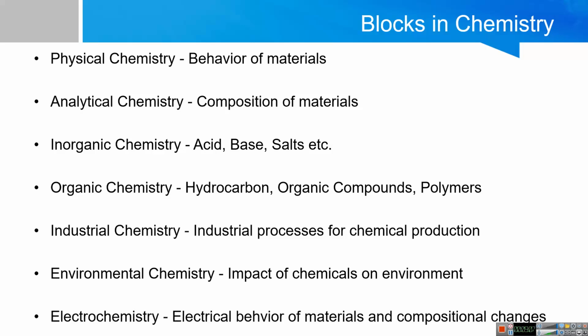Then we have environmental chemistry, which studies the impact of chemicals on the environment. And finally, we will study electrochemistry, in which we'll see the electrical behavior of materials: how different materials joined together create electrical discharges, or how we can apply electrical discharges to some chemicals and change their compositions.